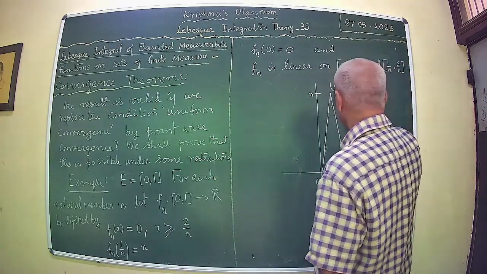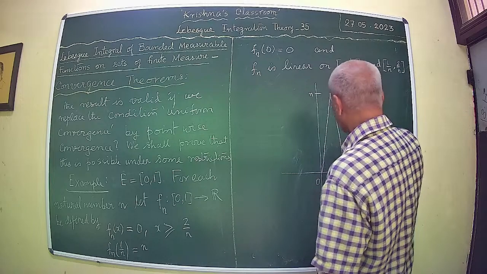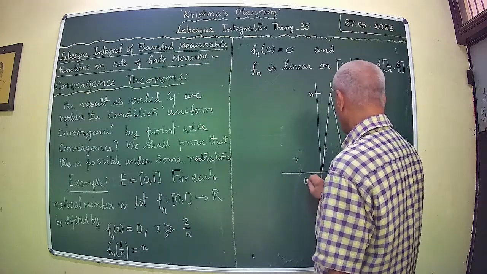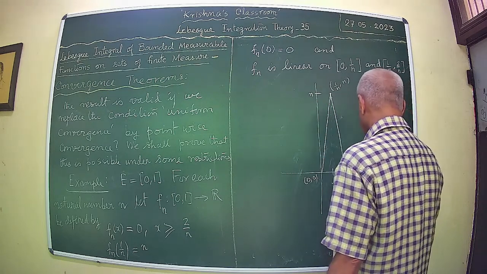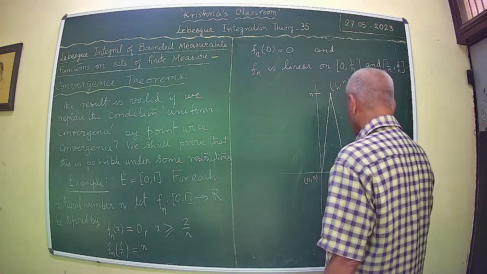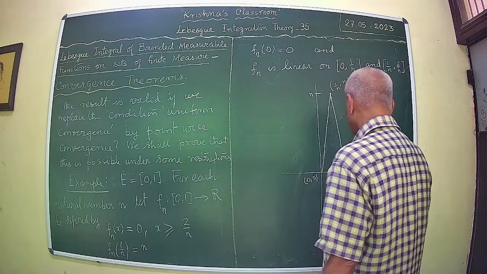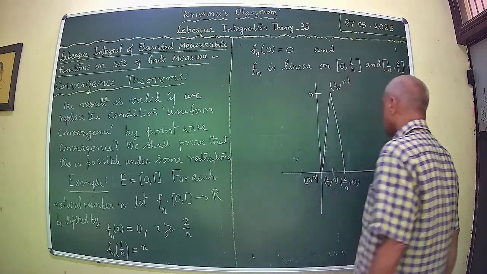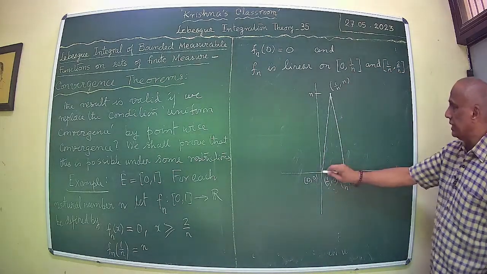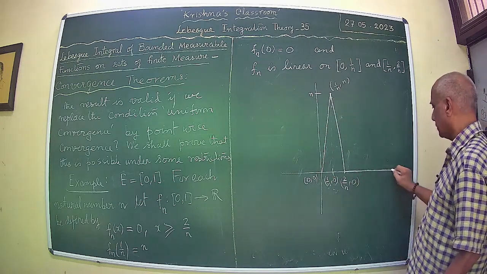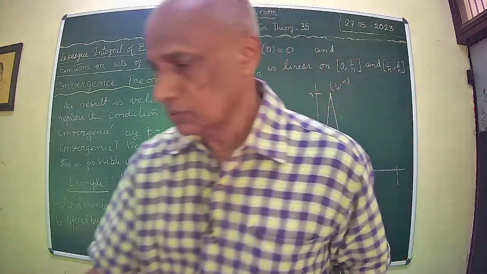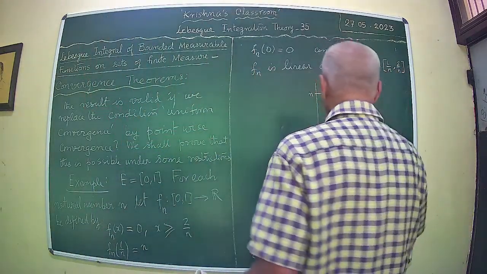This point is 1 by n, this point is (0, 0), this point is (2 by n, 0). So this is linear, this is also linear, and 0 from here on. So this is the function. So the graph of the function is this.